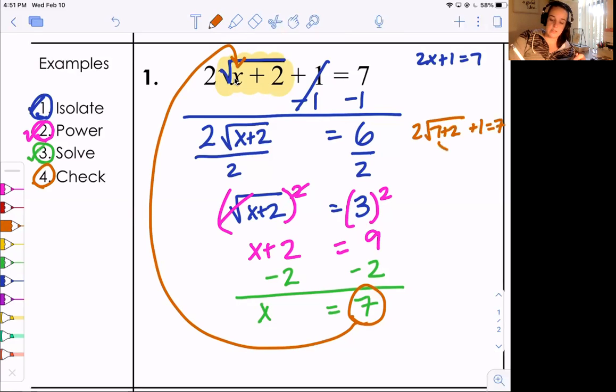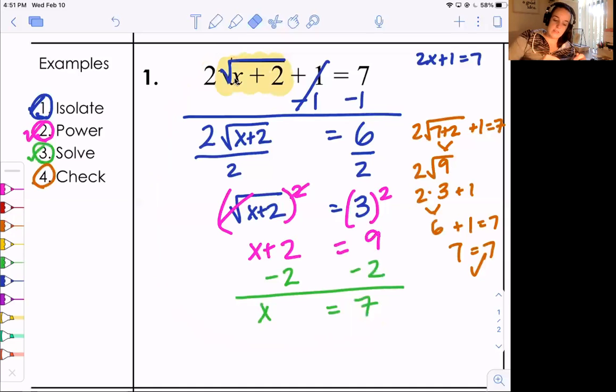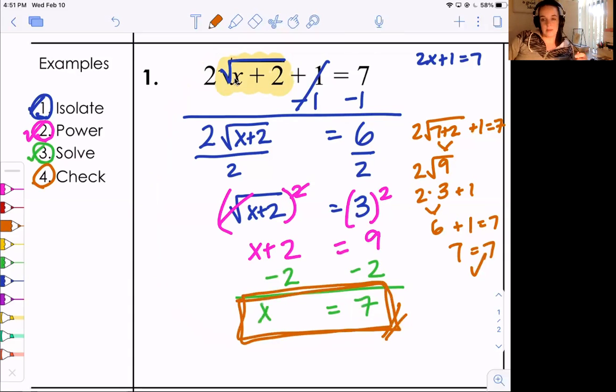Let's quickly check. 7 plus 2 is 9. Square root of 9 is 3 times 2 plus 1. 3 times 2 is 6. Plus 1 would be 7. 6 plus 1 is 7. Does indeed equal 7. So I know that 7 is a correct answer.